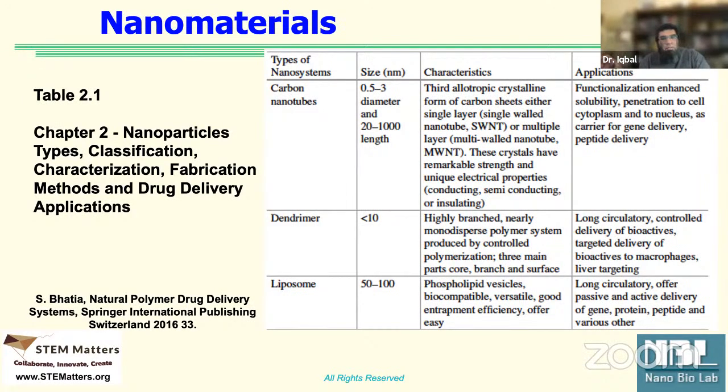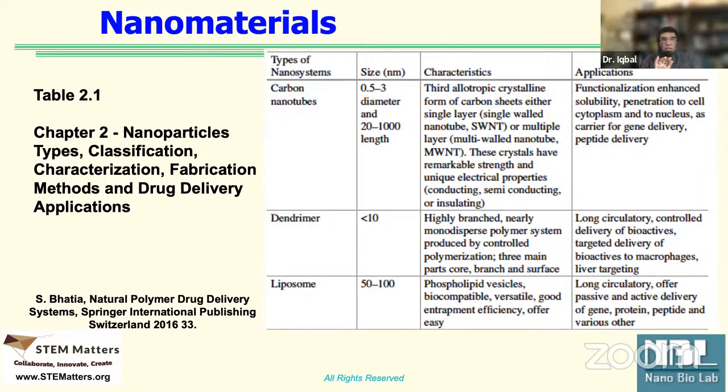But then on the living side, when we go to biomolecules, there is a whole range of things. So dendrimers are smaller than a nanometer. They're a highly branched polymer network, which is made, and we control its polymerization, right? So it has a core, branches, and a surface.